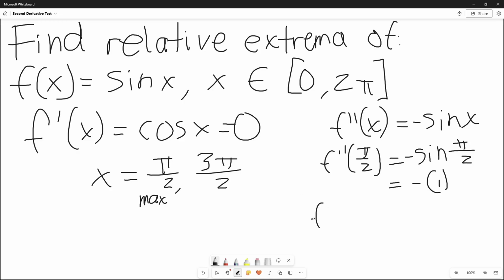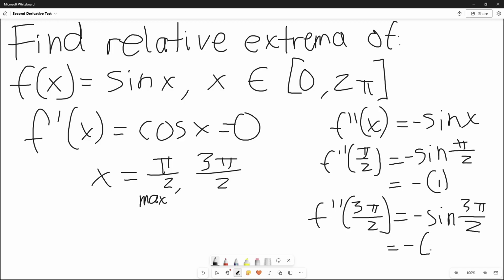And let's try 3 pi over 2. f double prime of 3 pi over 2 is equal to negative sine of 3 pi over 2, or negative of negative 1, which is just 1, which is positive, meaning that at 3 pi over 2 there is a minimum. So using the second derivative, we found that at pi over 2 there's going to be a relative maximum, and at 3 pi over 2 there's going to be a relative minimum in the function sine x.